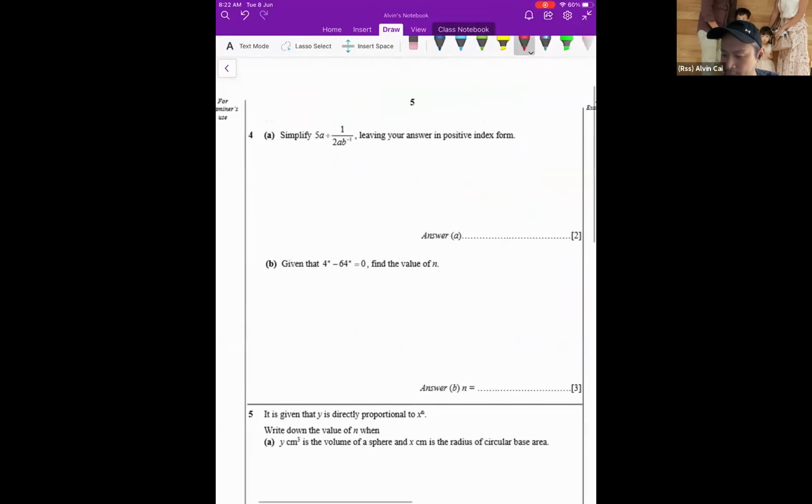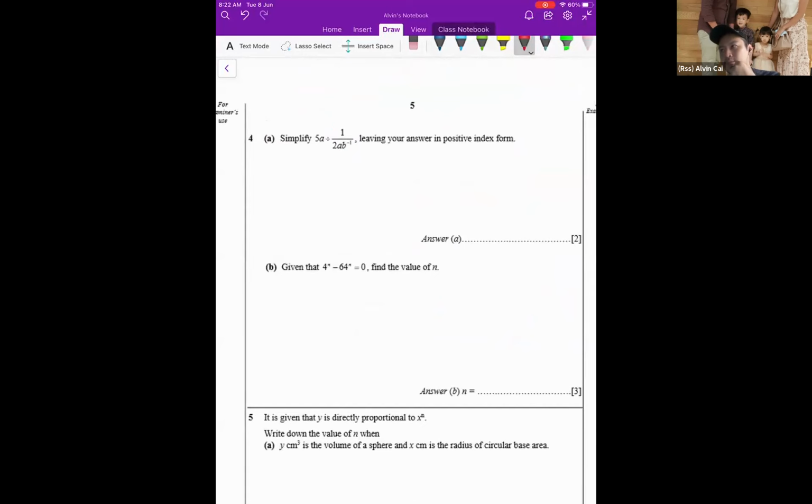Question number 4. The common mistake that I've seen over here is this. Even the answer key is not quite right, but let me try. 5a divided by (1 over 2ab) to the power of minus 1.